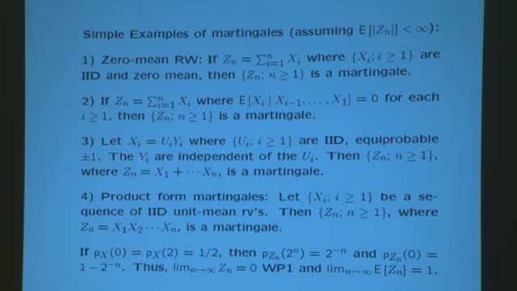Okay, another one we talked about last time, this is very specific. Suppose that x sub i is equal to the product of two random variables, u sub i times y sub i. The u sub i here are IID equiprobable plus or minus 1. And the y sub i's are independent of the u sub i's. They can be anything at all.